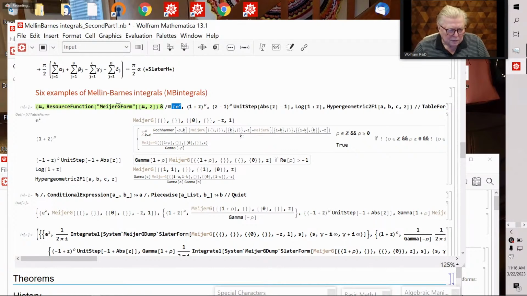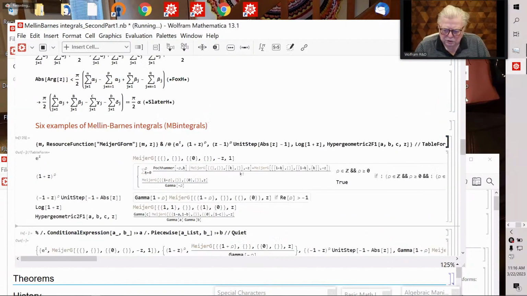Here, I used a resource function, but we also have MeijerGReduce, which is a rather broken and weak function and should be replaced by functionality from this new function.